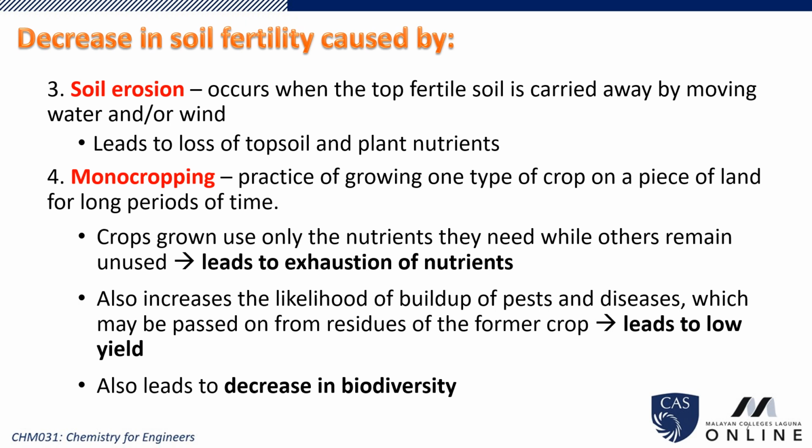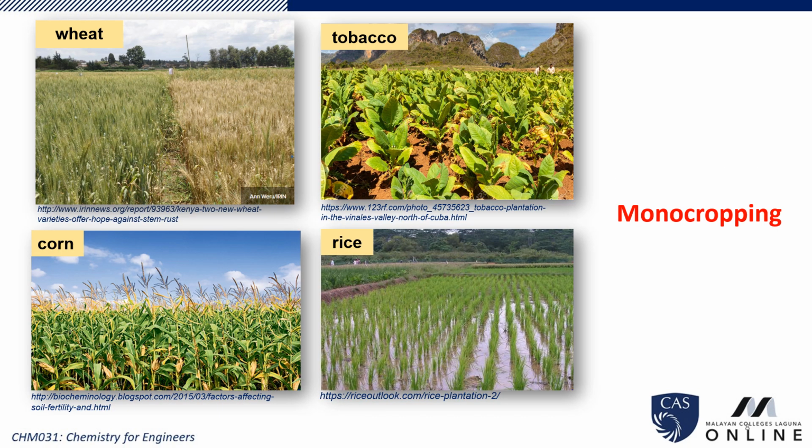It also increases the likelihood of buildup of pests and diseases which may lead on from residues of the former crop, and that leads to low yield. Monocropping also leads to decrease in biodiversity. Examples of monocropping is the all year round growing of just wheat, just tobacco, just corn, and just rice without rotating these crops.